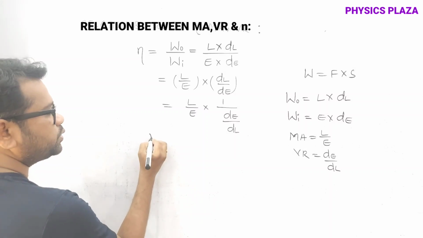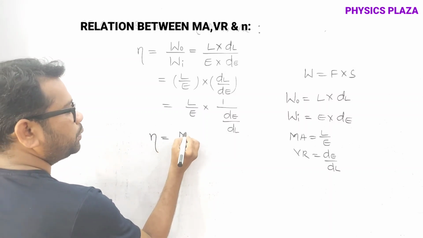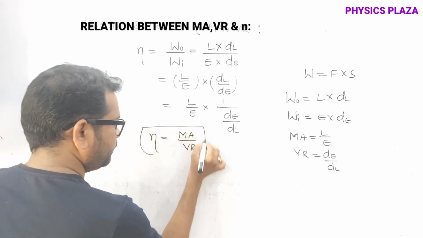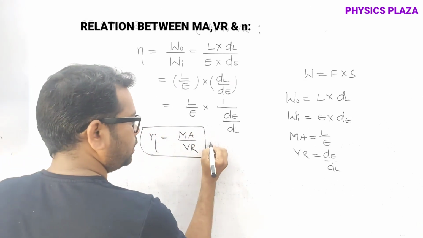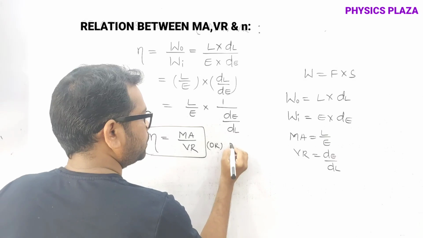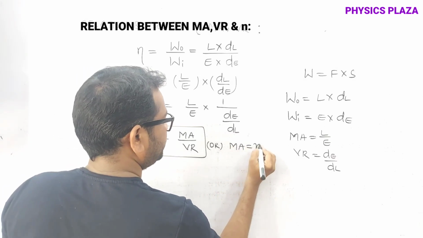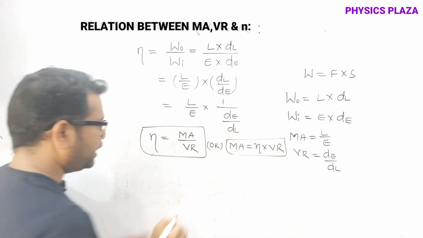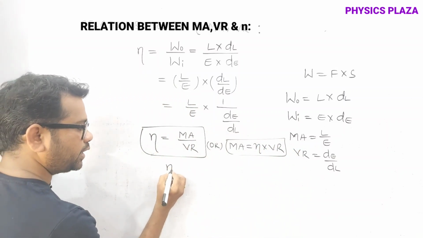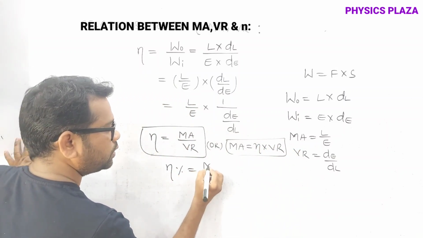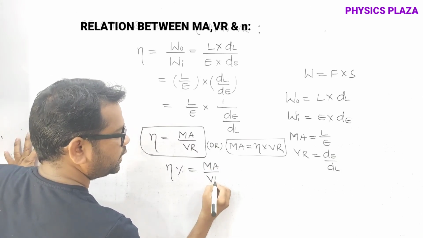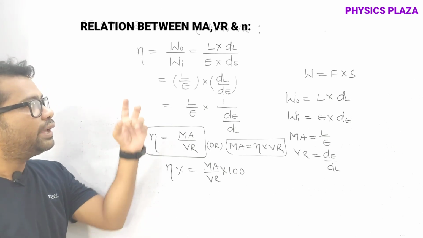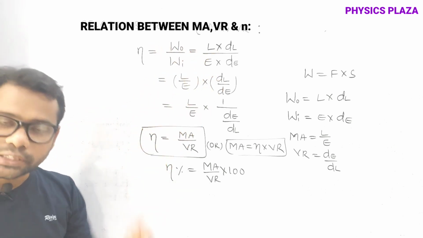So here we can substitute: efficiency is equal to mechanical advantage by velocity ratio. Children, a very important relation. Or we can also write mechanical advantage is equal to efficiency into velocity ratio. To express in terms of percentage, efficiency percentage is equal to mechanical advantage by velocity ratio into 100. So this is the relation between efficiency, mechanical advantage and velocity ratio.